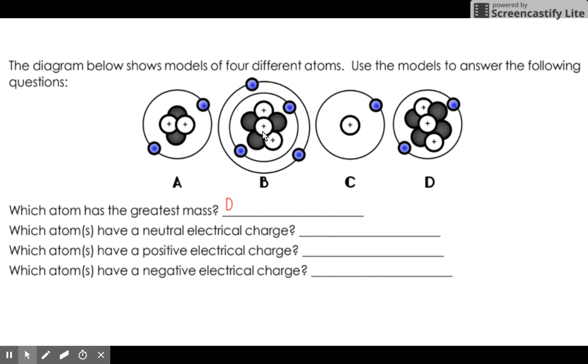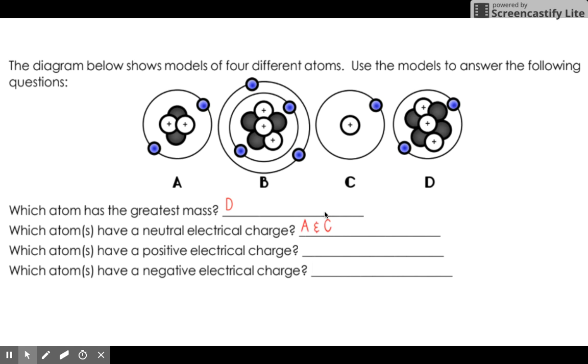This one has 3 positives and 4 negatives, which means that this is going to be overall a negative charge. The next is even, and then the following is more positive. So the best answer is going to be A and C because they're even.